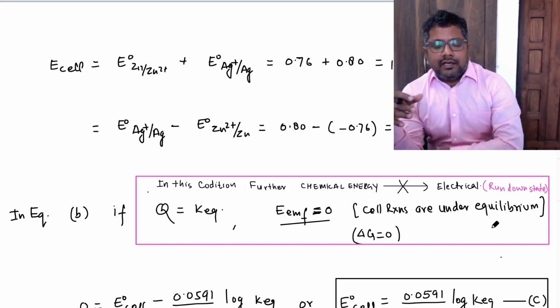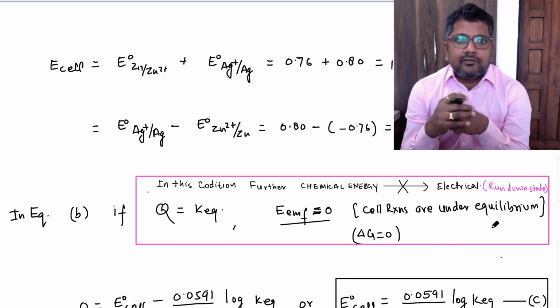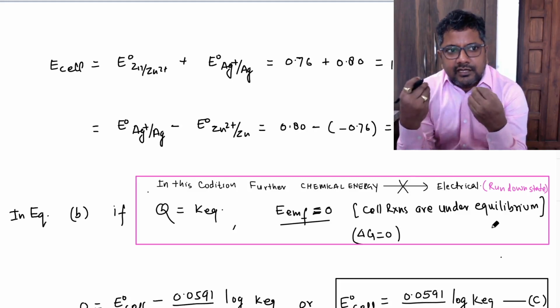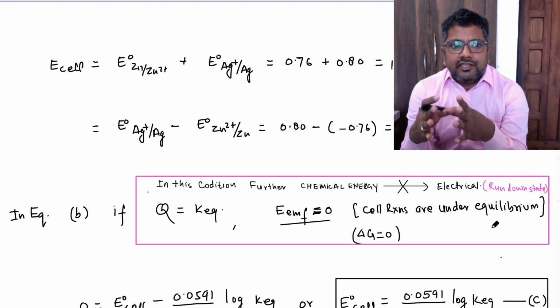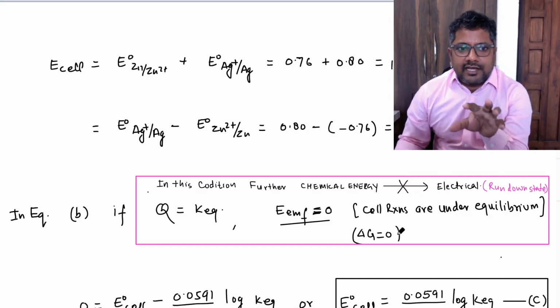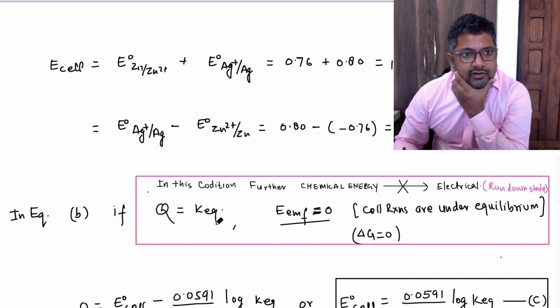For example, take your mobile phone. Mobile phone battery discharge means that when the battery percentage is 0, your battery is now under equilibrium, meaning the chemical reaction inside your battery has delta G equal to 0 or EMF equal to 0 or Q equal to K equilibrium.